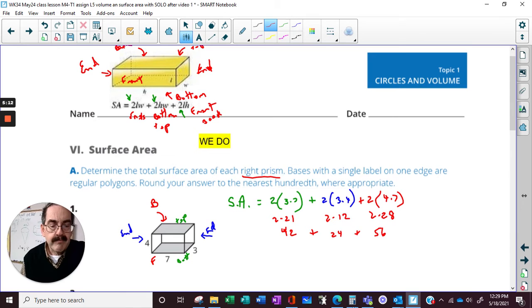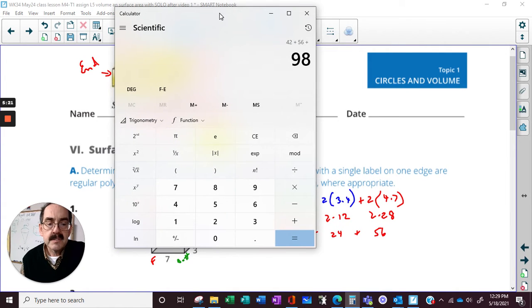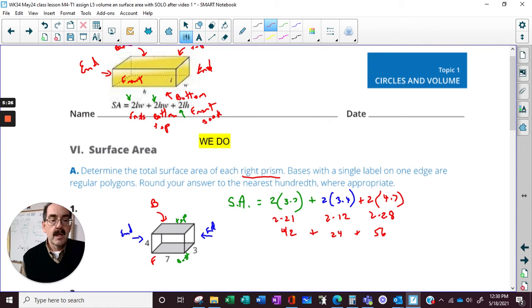Not even going to try. 42 plus 56 plus 24. 122. 122 square units. This doesn't say units, so we're going to go square units. 122 square units. Okay? Alright.